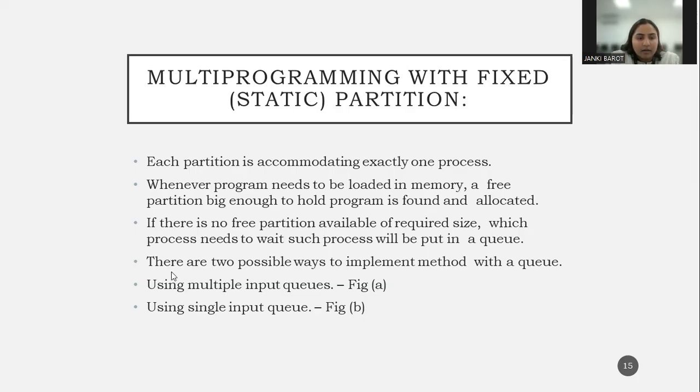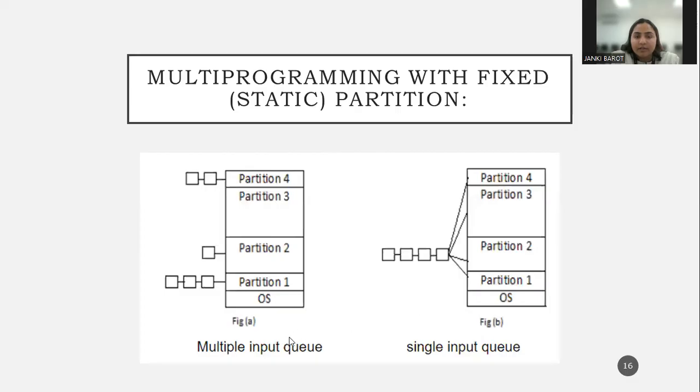So here there are two possible ways to implement the method with a queue: multiple input queues and a single input queue. We have two figures, multiple input queue and single input queue, right? Here you can see that this is the main memory with the operating system here. We have different partitions that are not of equal size, right?